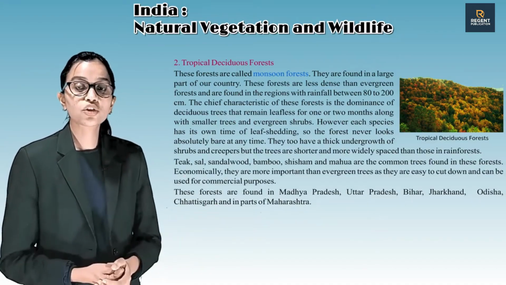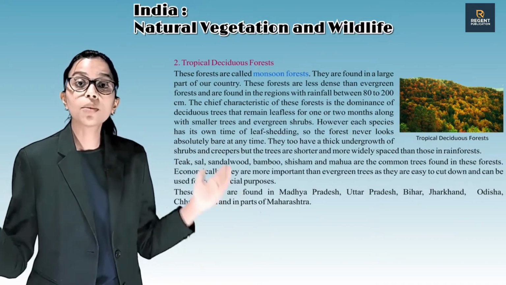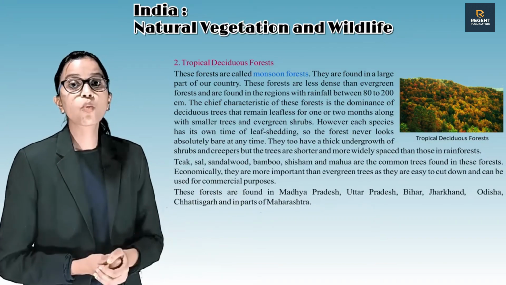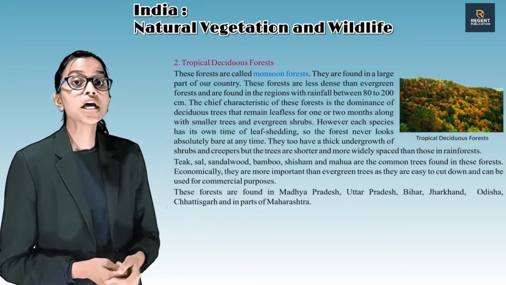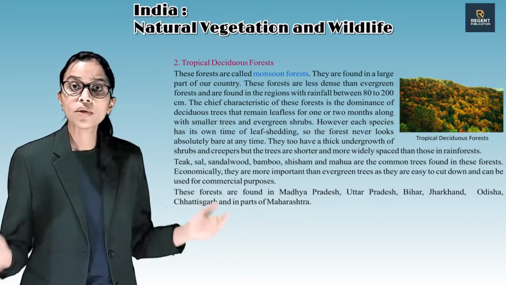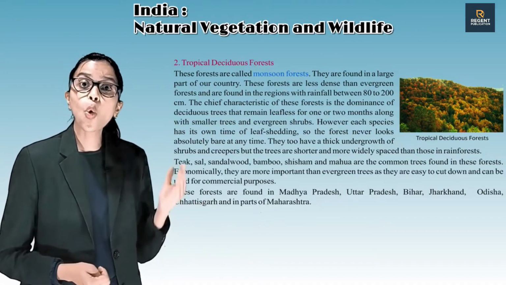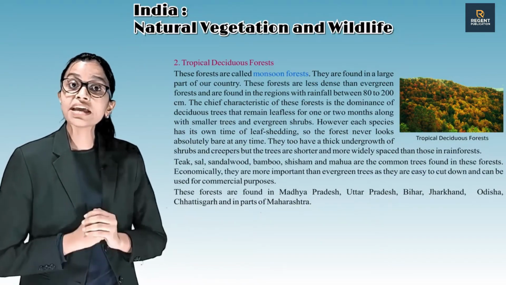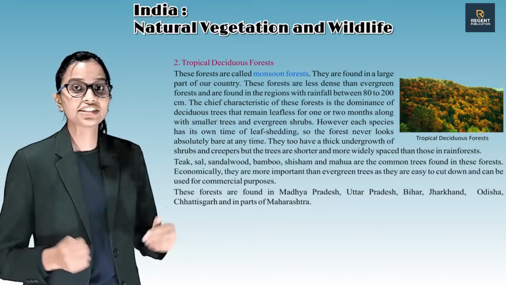The chief characteristic of these forests is the dominance of deciduous trees, which remain leafless for 1 or 2 months, along with smaller trees and evergreen shrubs. However, each species has its own time of leaf shedding. So the forest never looks absolutely bare at any time.